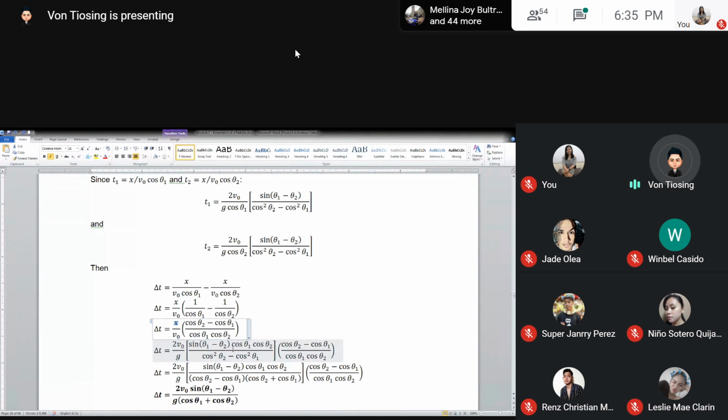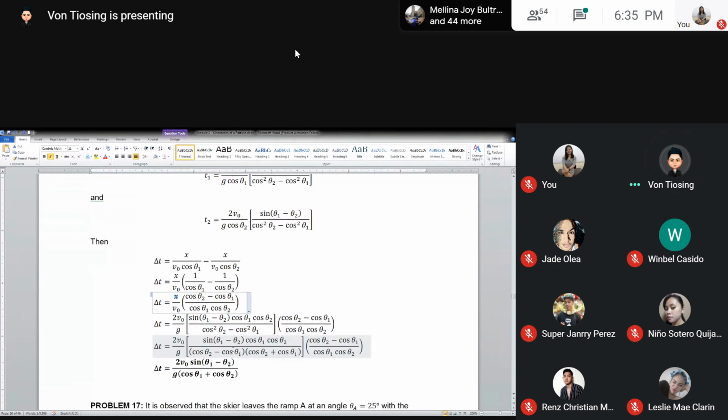2v naught over g. This should not be here; I copied it here as well. Sorry, you may have been confused. What happened when we substituted it here? Take note that this denominator is a difference of two squares. So a squared minus b squared is equal to what? a minus b times a plus b.